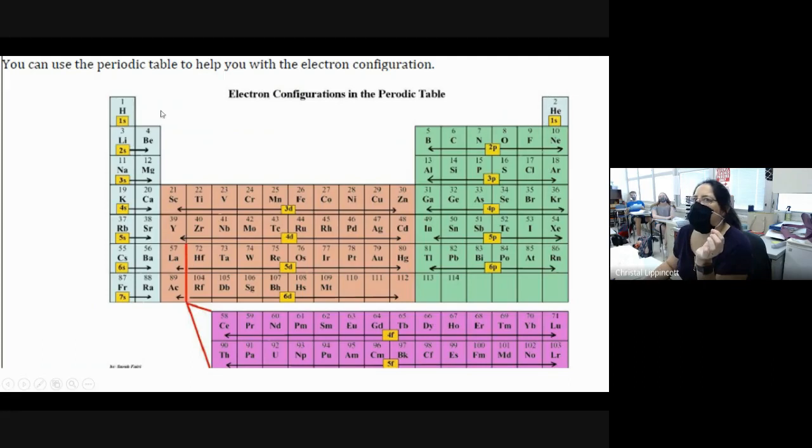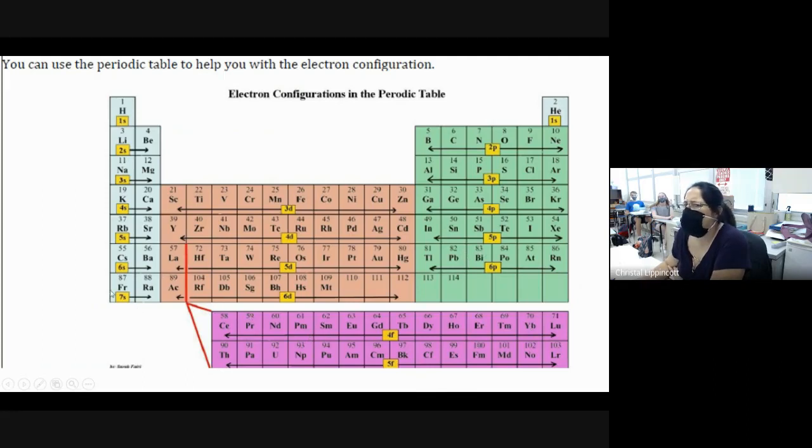But for electron configuration, we're going to want to think of helium over here. And it follows through in numeric order. So here's your 1s, your 2s, your 2p, and then however many electrons. So if we're going to oxygen, we would do 1s2, because there'd be 2 of them, 2s2, 2p, 1, 2, 3, 4. Remember how to do that? And then it just follows through in numeric order.